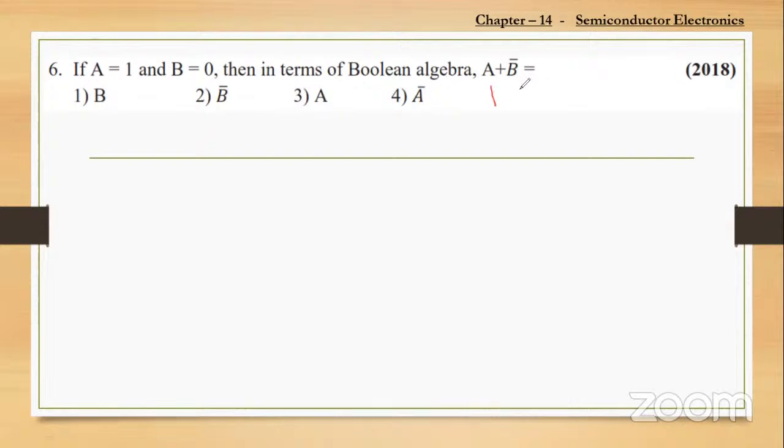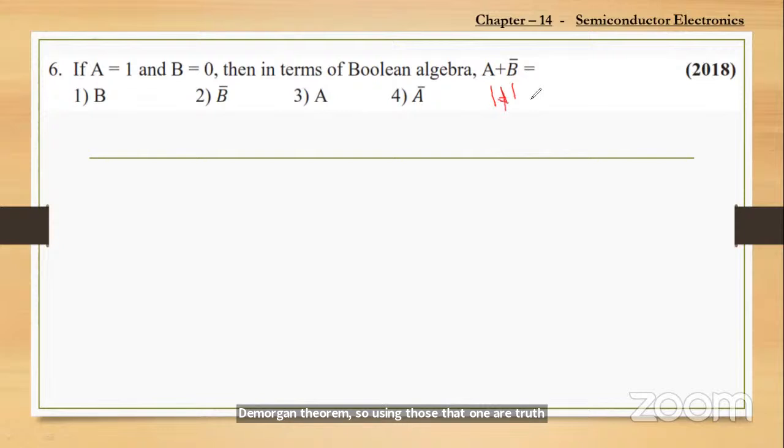So B bar means 1. Logically, if you add 1 plus 1, you can apply the binomial theorem and also De Morgan's theorem of Boolean algebra, or use a truth table, whichever is easier.